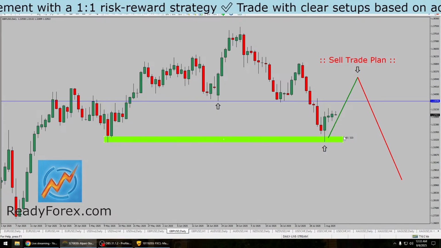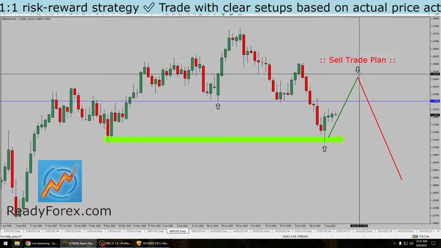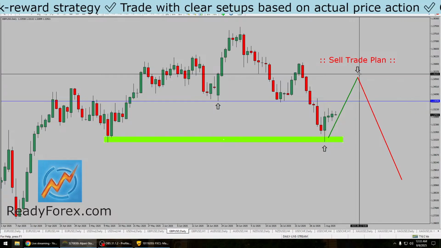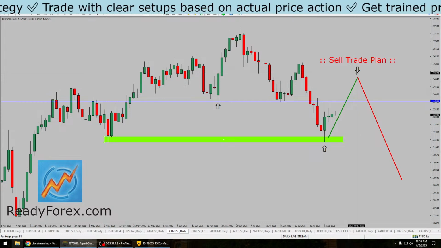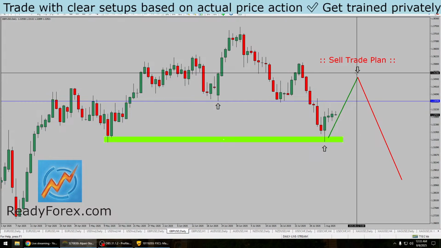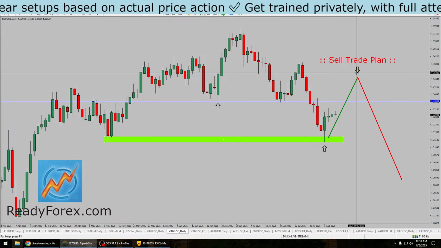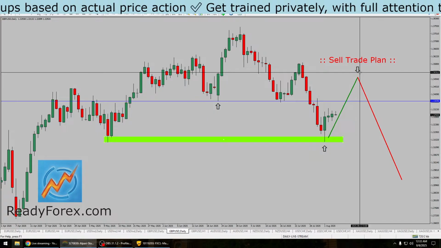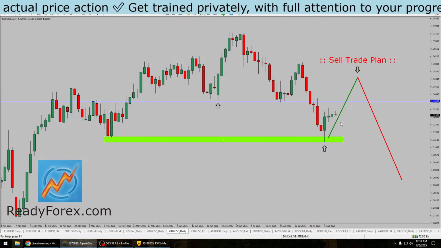So I do have a sell trade plan up there, but we need to first wait for bullish price action to go all the way back up over here around the 1.3528 level. Then I might look for some sort of a bearish pattern or a sell pattern up there.